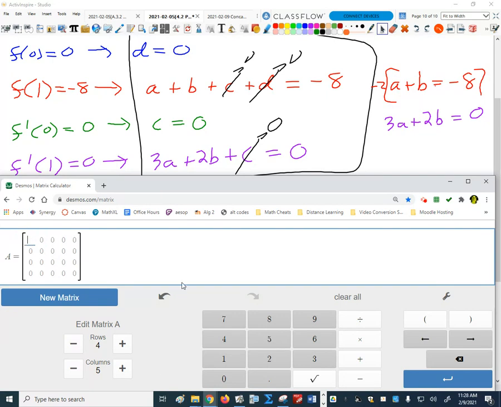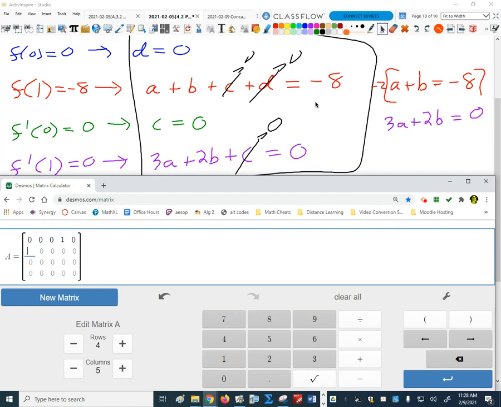Let's do our first row. So our first row is the equation D equals 0. Well, D equals 0 is the same thing as 0A plus 0B plus 0C plus 1D equals 0, right? Everybody agree?